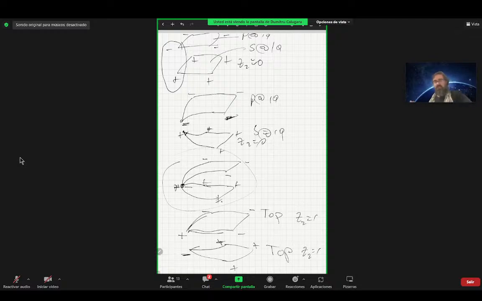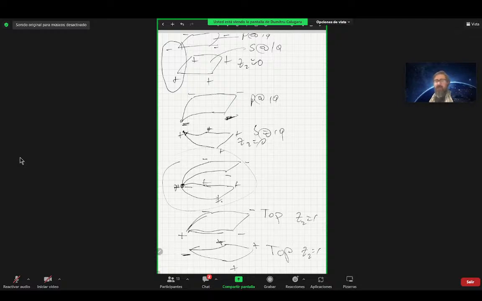So a band touching transition can change the topological index, and the topological feature of the state. The ones before were trivial, the ones above, the ones below are non-trivial. So basically, I want the bands not to close the gap in order to be able to describe them by a topological index.